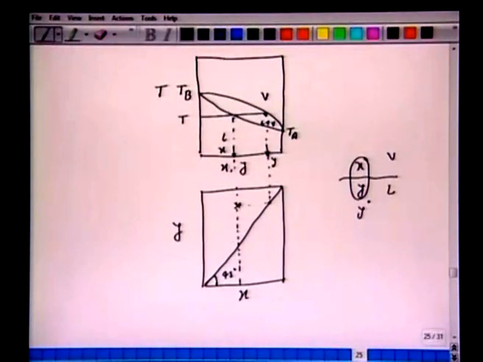Suppose I choose this temperature and this tie line, we have x, the mole fraction of A in the liquid phase, and y, the mole fraction of A in the vapor phase.